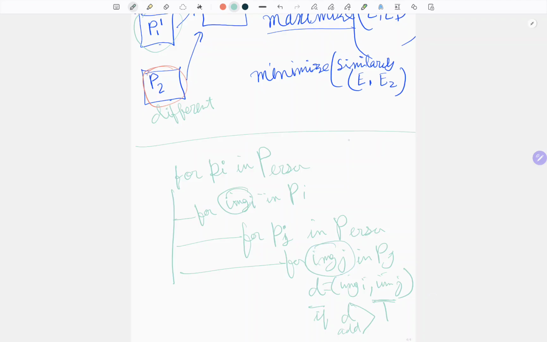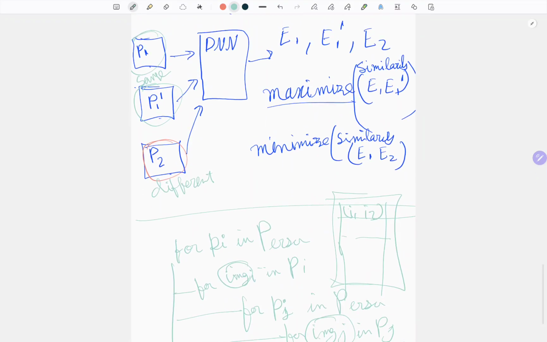So in our refined dataset we would have pairs. Similarly, this will be our filtered dataset, and we would retrain the model on this filtered dataset.